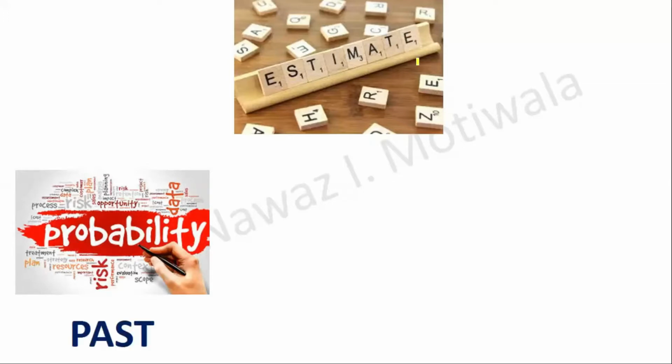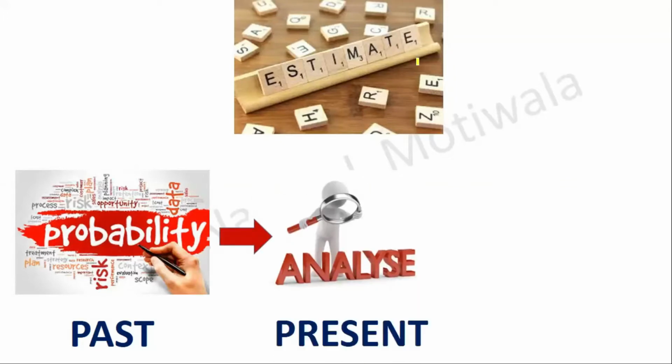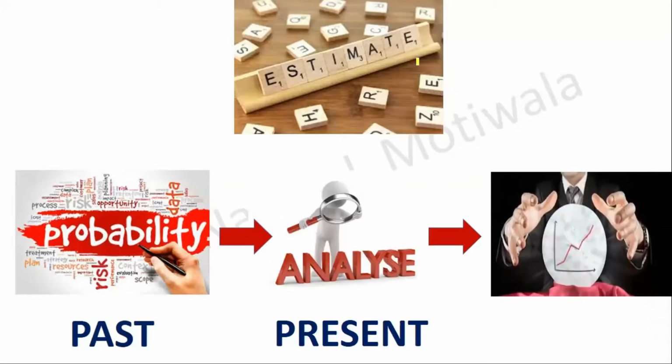This is the process: we collect the data of the same scenario from the past data available, we analyze this data in the present case, and then we predict the future from this particular data. So taking the past data, analyzing it in the present, and estimating the future based on the data available to us. Let me give you an example.